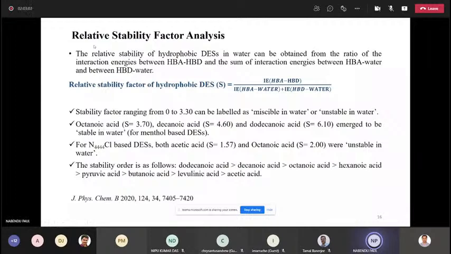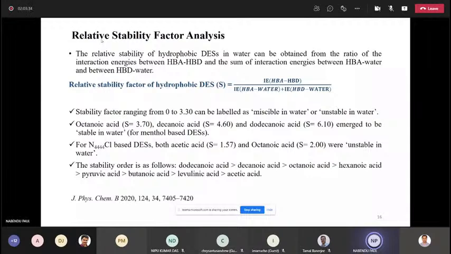The relative stability factor of hydrophobic eutectic solvents. What does that mean actually? It is the relative measure of the stability of a hydrophobic eutectic solvent in the presence of water. It is the ratio of the interaction energy of HBA and HBD divided by the combined interaction energy of the individual components, that is, HBA-water and HBD-water.